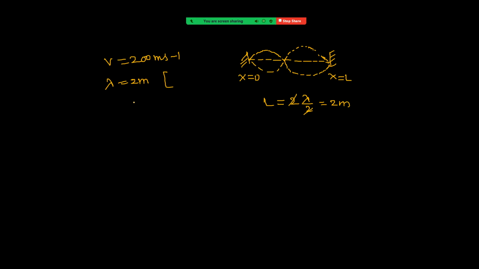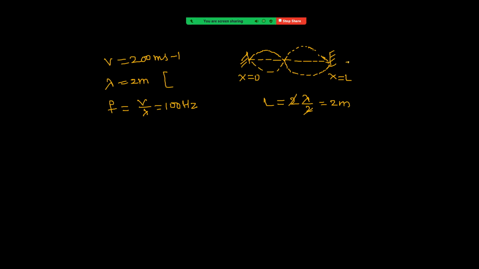So we got lambda. From lambda, we can calculate the f value. f equal to v by lambda. Therefore, v value 200, lambda value 2, so f is 100 Hz. That is the frequency.